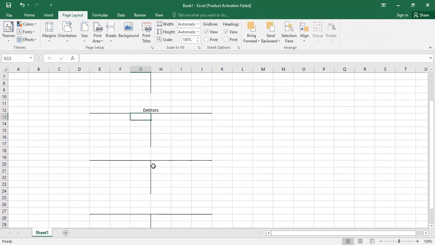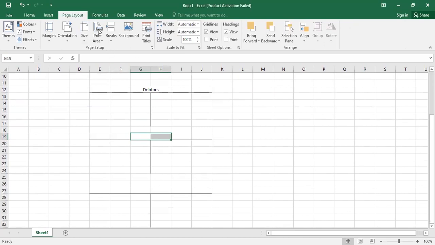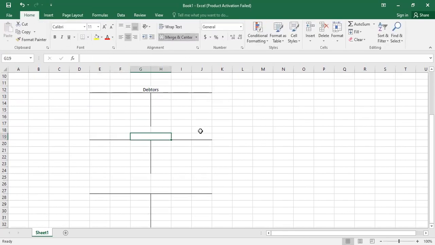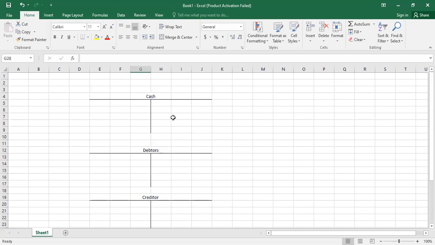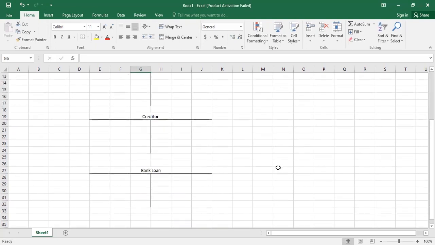Okay. This is a creditor account. And this is bank loan account. Right. So I'm going to write few transactions. Okay. First one. Obtain a bank loan 5,000. Cash book debit 5,000. Bank loan account credit 5,000.